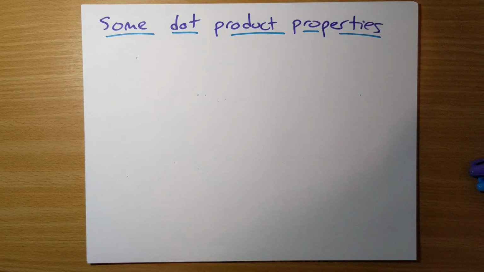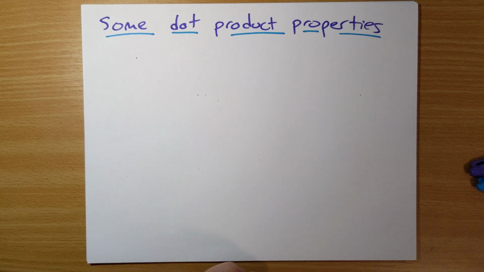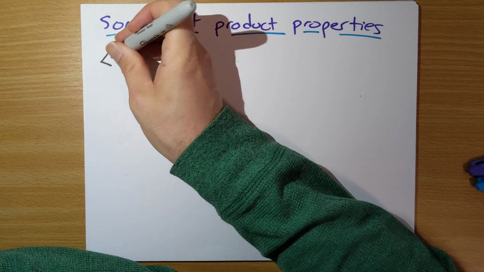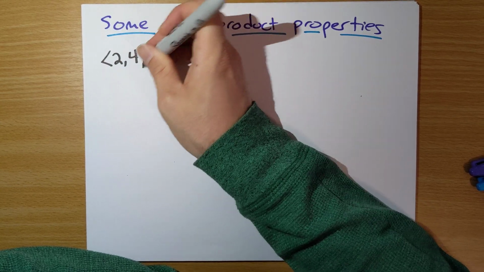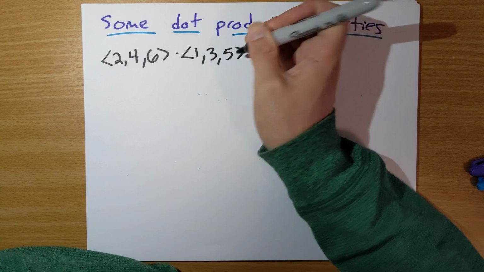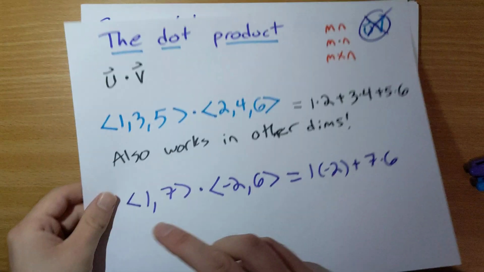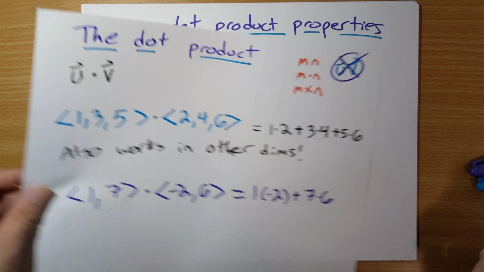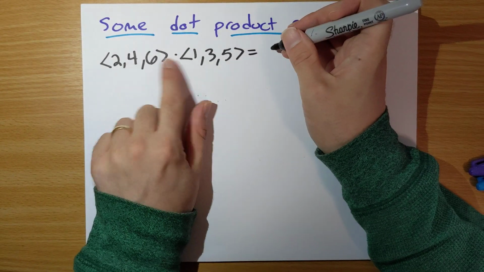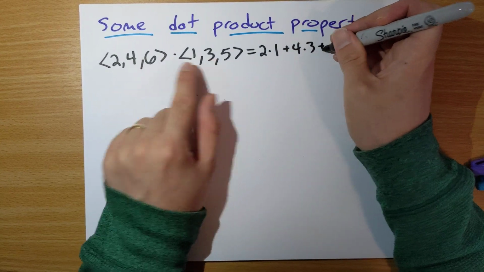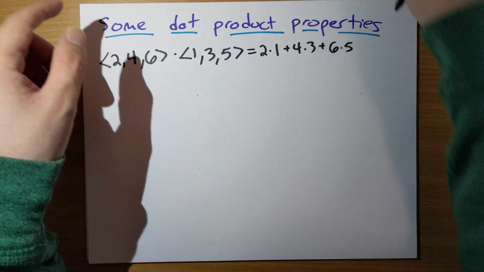Okay, let's talk about some dot product properties. What happens if we do 2, 4, 6 dot 1, 3, 5? We're just interchanging these two vectors, and we get 2 times 1 plus 4 times 3 plus 6 times 5.